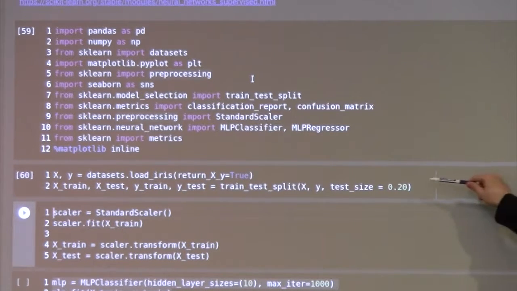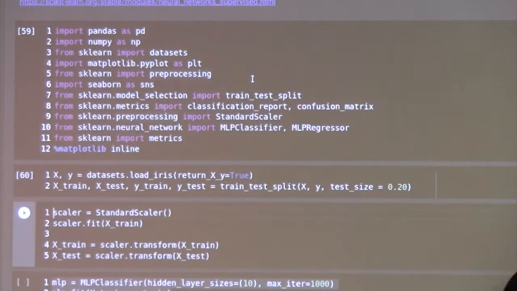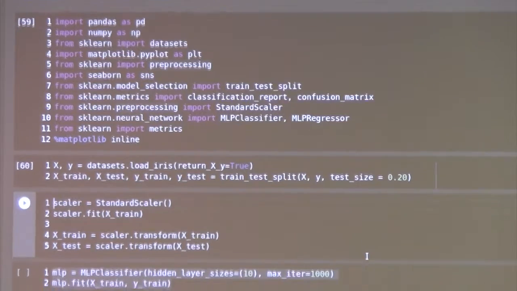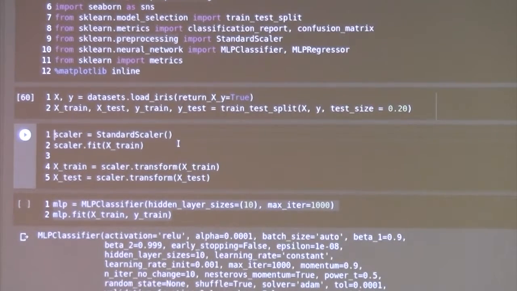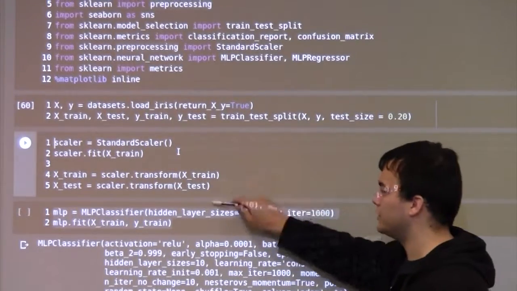So we're going to grab the Iris dataset from here, which is just classifying flowers. We're going to split it with 20% going to the testing dataset. And then we want to scale it, as we had done previously.